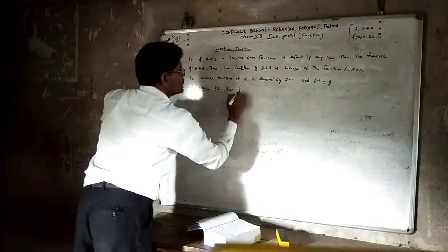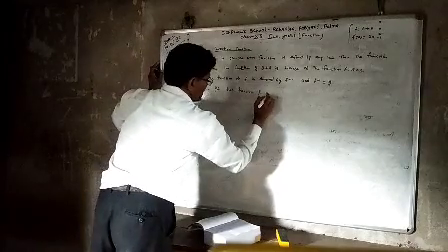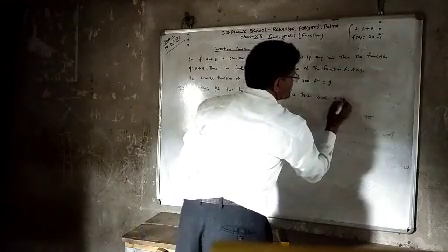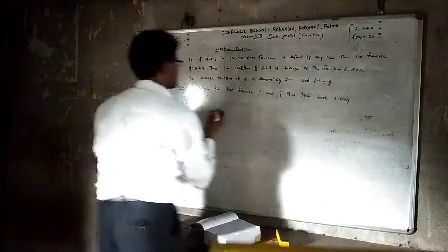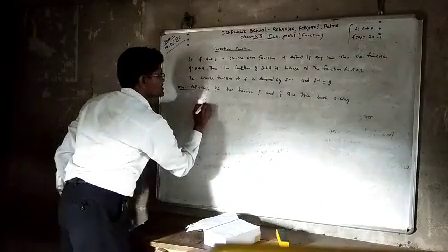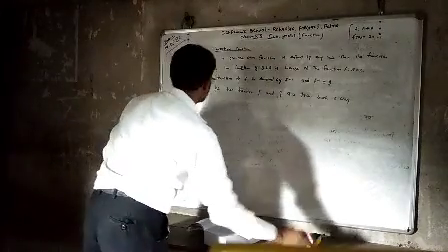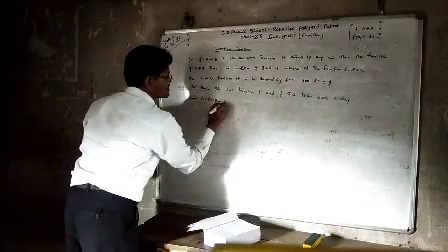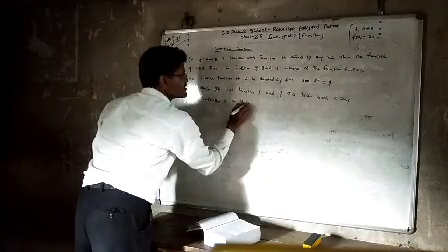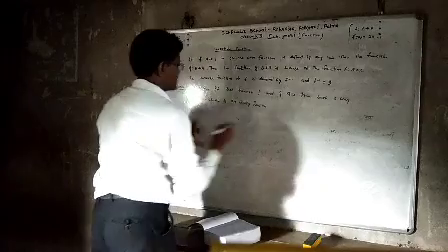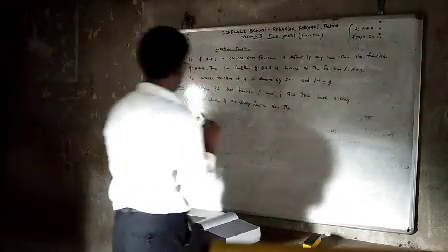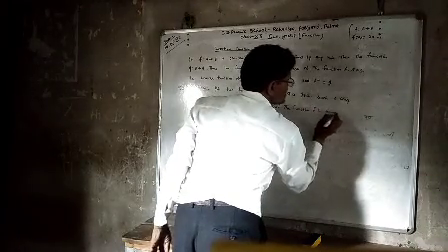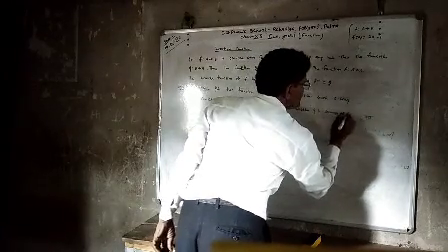If two functions f and g are given in such a way that their composition is an identity function, then the function g is the inverse of f.